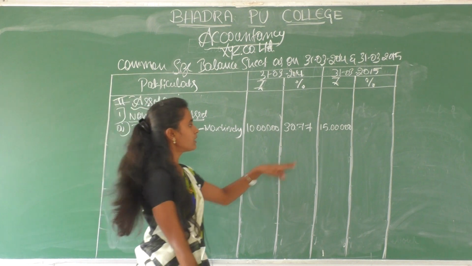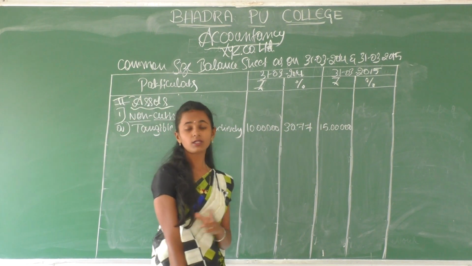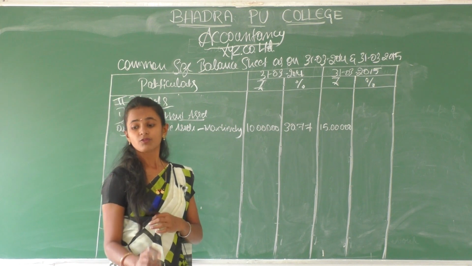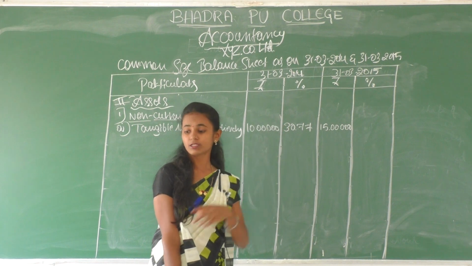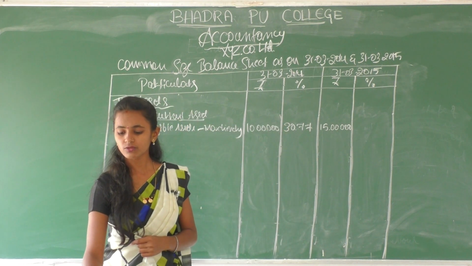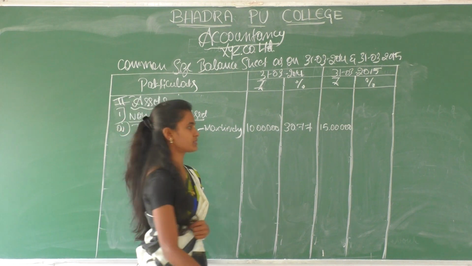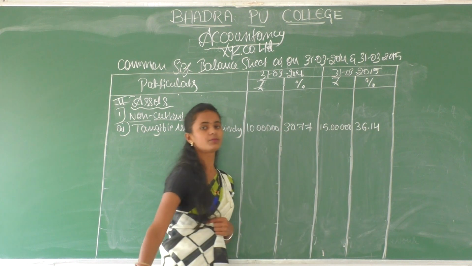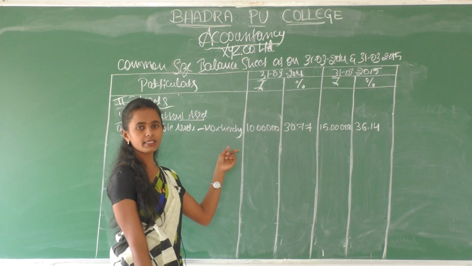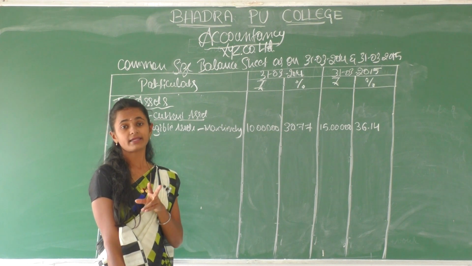And here it's 15 lakh divided by our common value in 2015, 41,50,000, into 100, then you will get 36.14%. Clear?